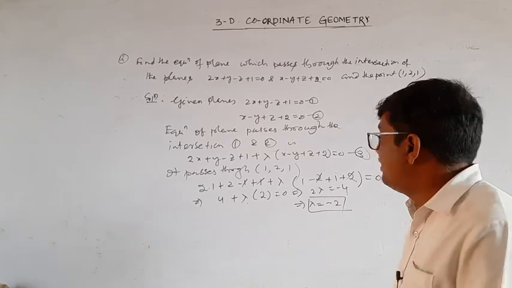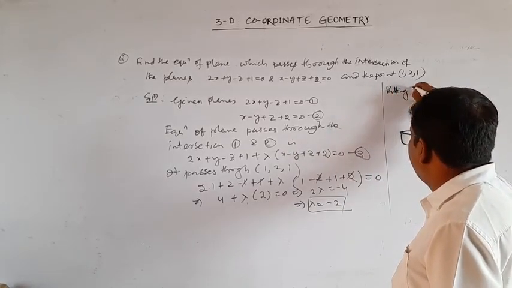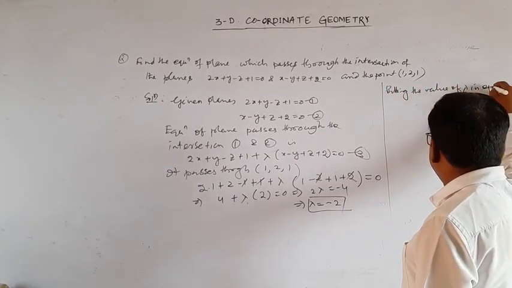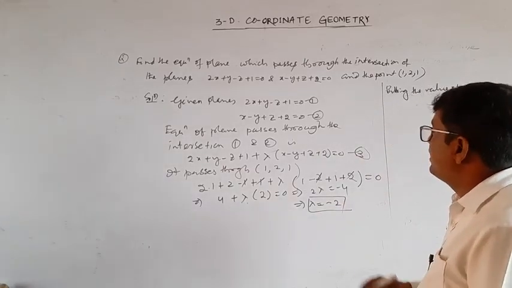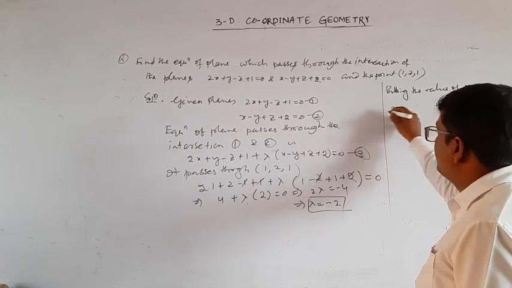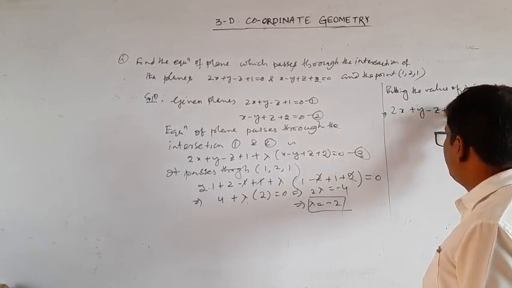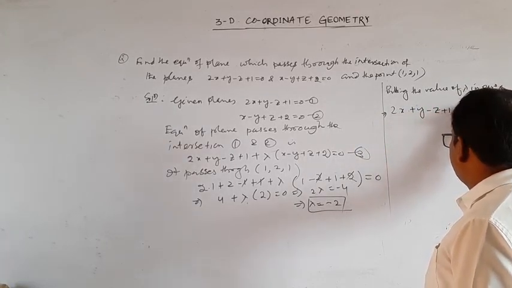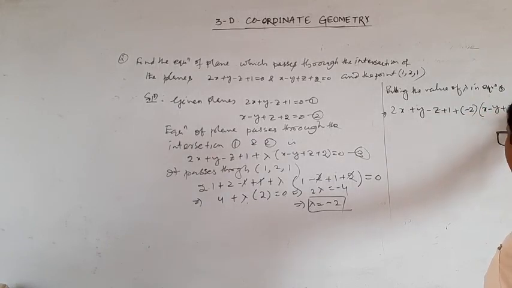Putting the value of lambda in equation 3, we get 2x plus y minus z plus 1 and plus lambda, that is minus 2 into x minus y plus z plus 2, is equal to 0.